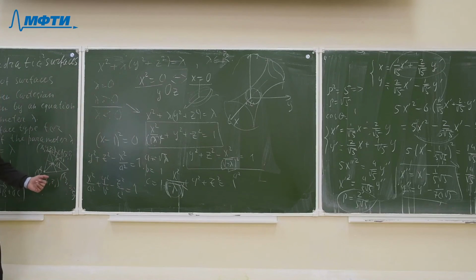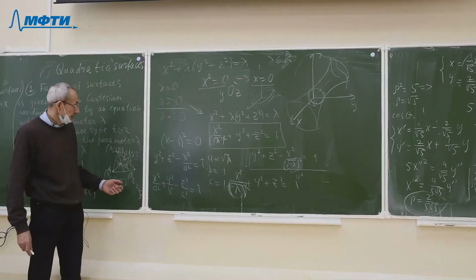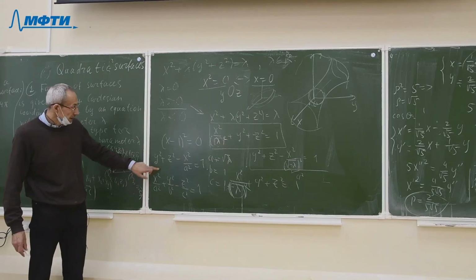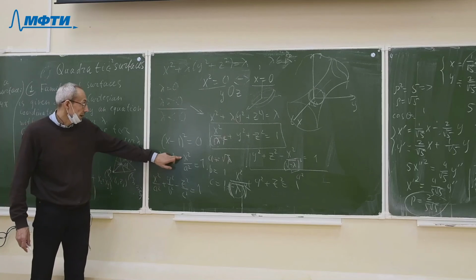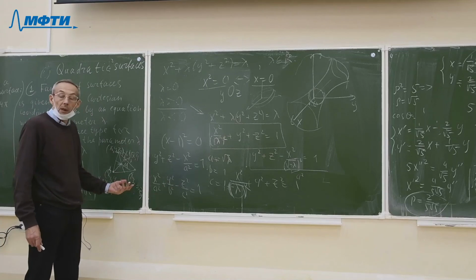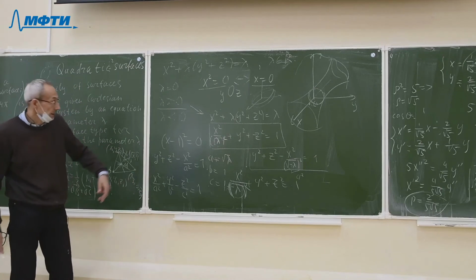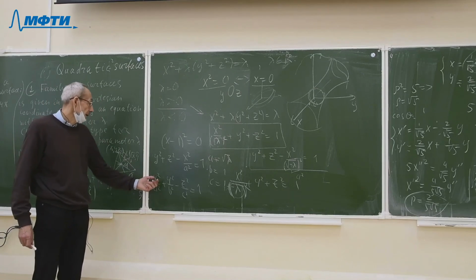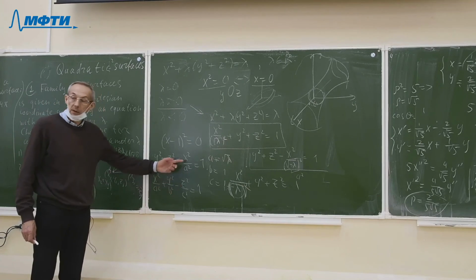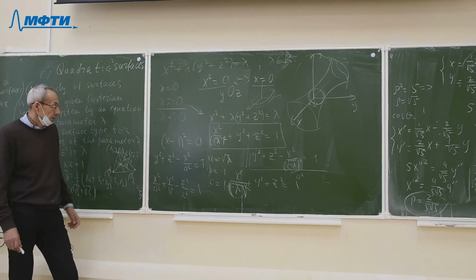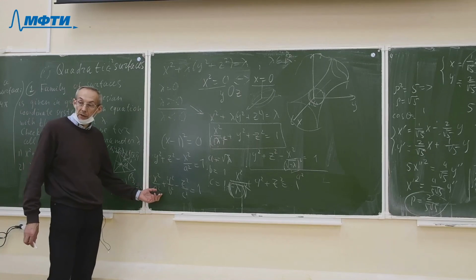Easy to see, if we change the names of the coordinate axes, let a be the new x, z be the new y, and x be the new z. We have some rotation, x to y, y to z, and z to x. After this rotation, this surface transfers into the canonical form.